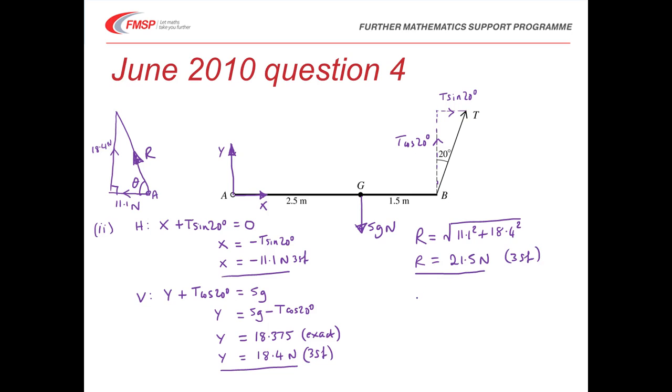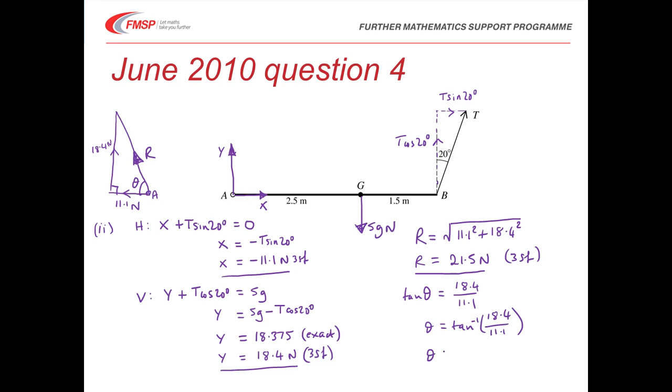And then to find theta, while looking at my diagram, I have tan of theta equals opposite over adjacent, 18.4 over 11.1. And therefore theta is inverse tan of 18.4 over 11.1.